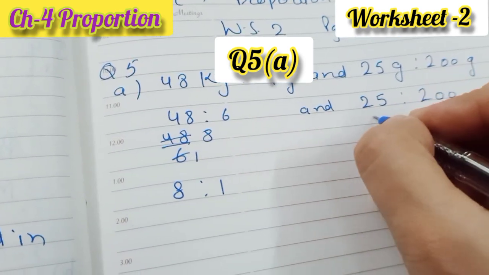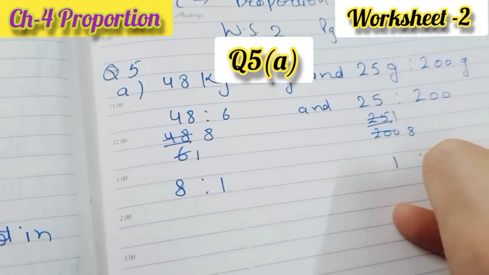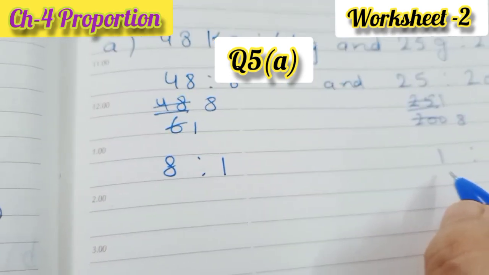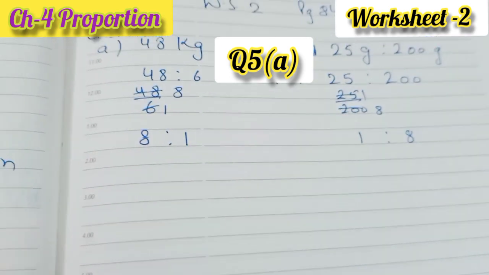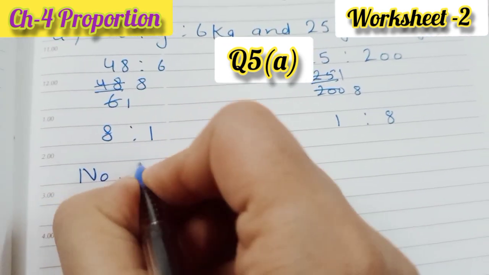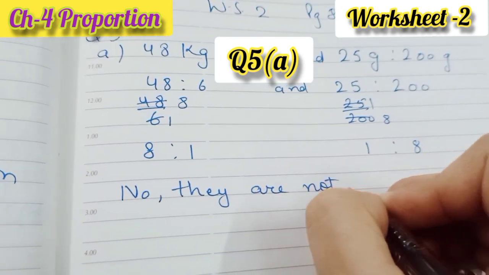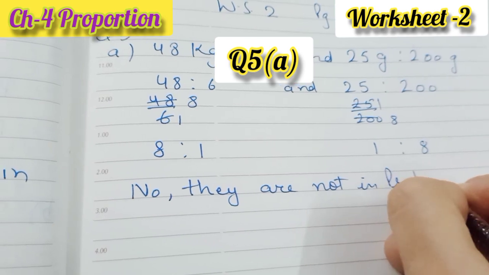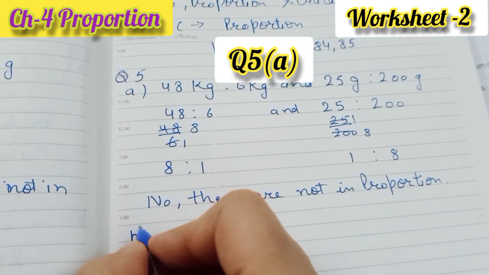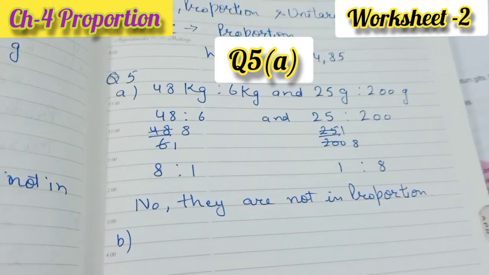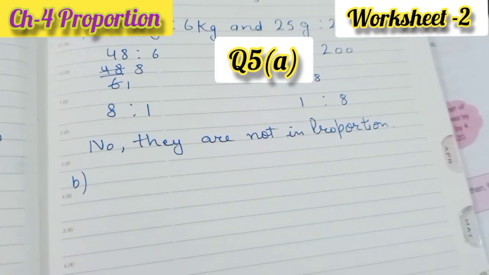And in the next, we have 25 by 200, 1 by 8. So we get 1:8. So these ratios are not equal, as you see. So we can say that no, they are not in proportion. These ratios given are not in proportion. Now here we are not finding it with extremes and means, we are finding it with equality of ratios.